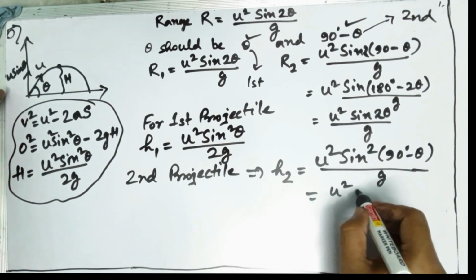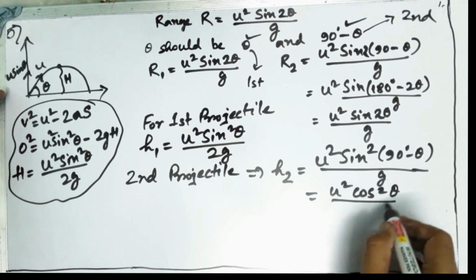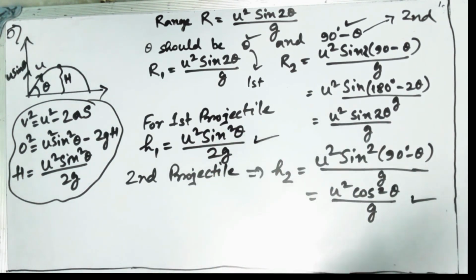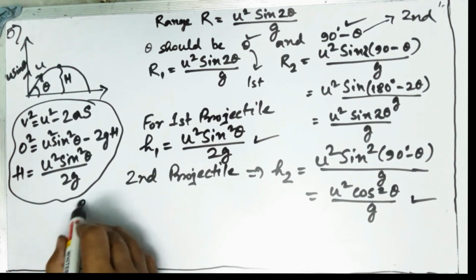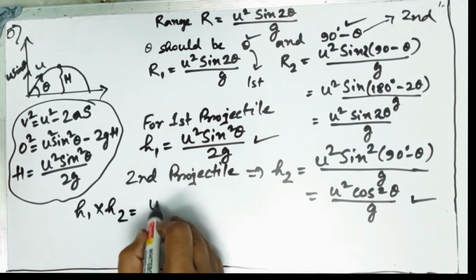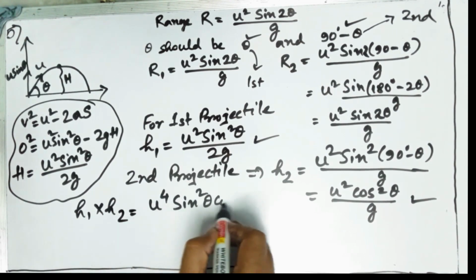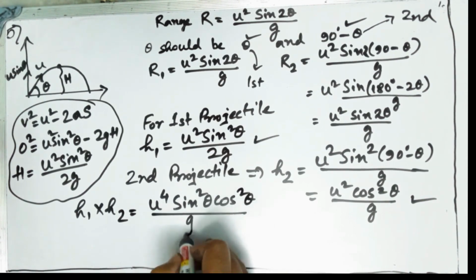This gives us u square cos square theta by 2g. So this is the value of h1 and h2. We multiply h1 and h2. What does this give us? u to the power 4 sine square theta cos square theta.